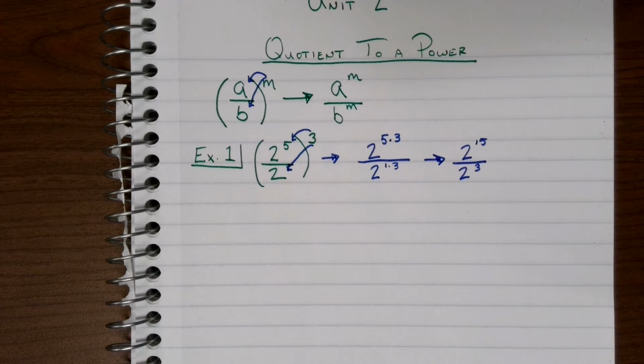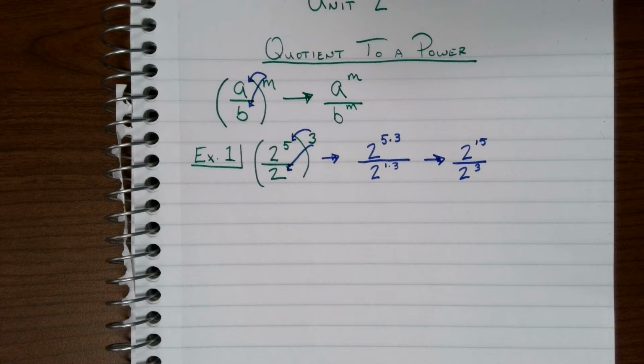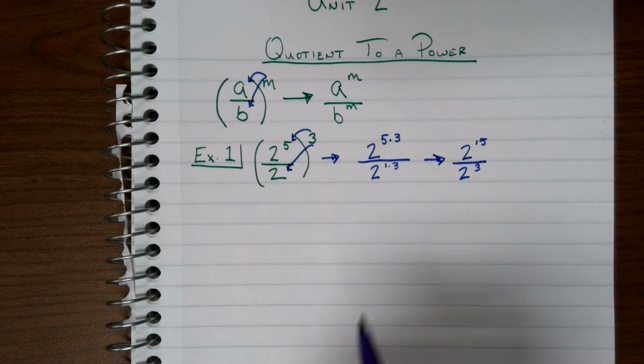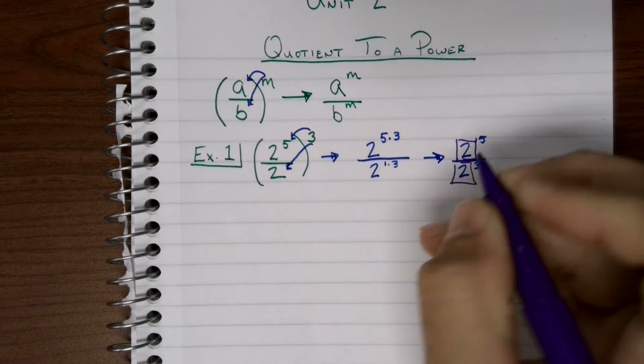Okay? Now my question here is, is this complete as it is? Yes or no? Do I have similar bases? Yes. Okay? Which means we can keep working. So with my similar bases, okay, notice I have a 2 and a 2.